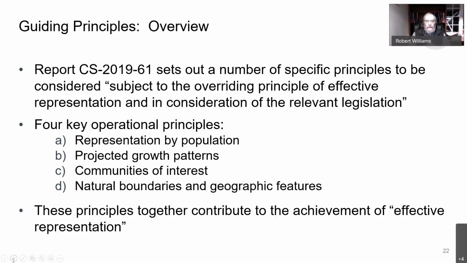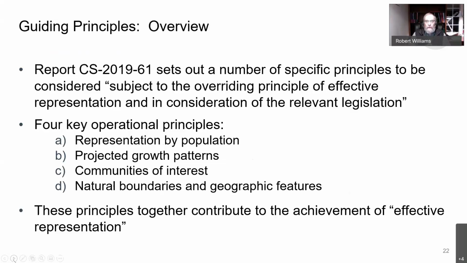Wards are about representing communities of interest. And in a municipal context, that usually means a neighborhood, a group of streets and living arrangements that have a number of things in common. Communities of interest are one of the key considerations in designing and appraising a ward system. And the last one talks about natural boundaries and geographic features.